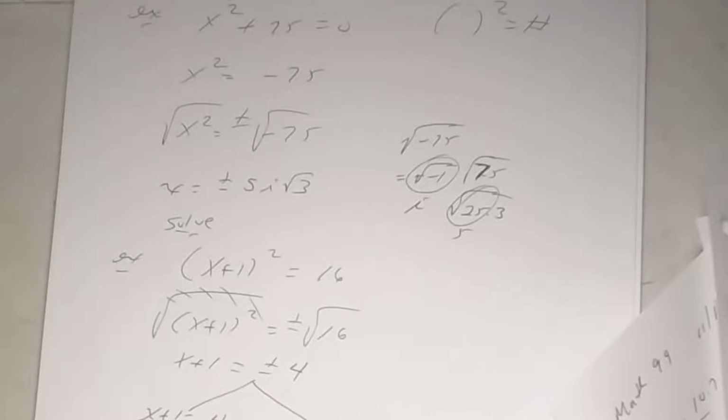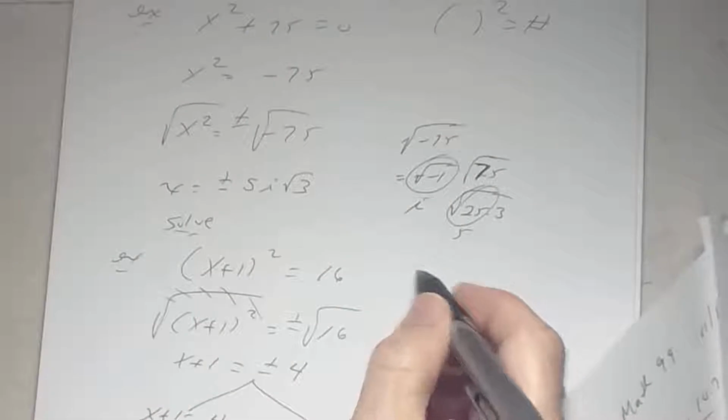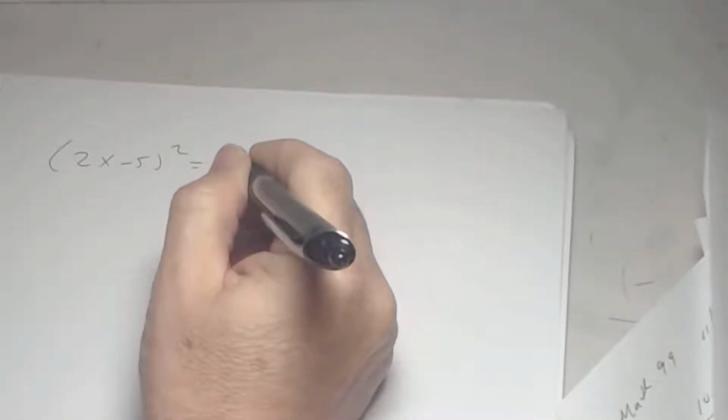Okay? So then if you had this, let's say you had 2x minus 5 squared equals, let's say, 36. 2x minus 5 squared equals 36.